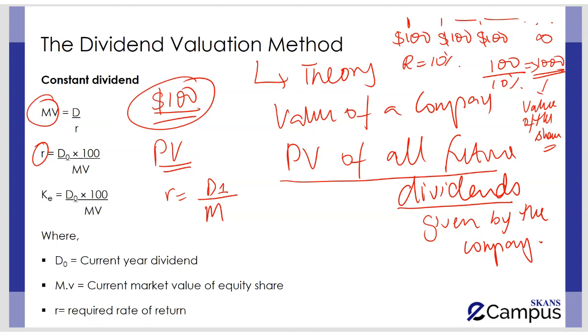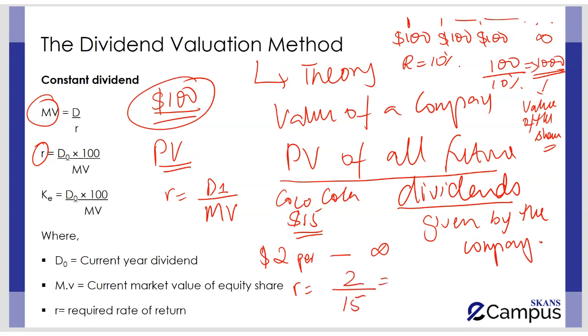So if I know the market value of any share, let's say the share of Coca-Cola is currently trading at $15, and I know that Coca-Cola is going to pay a dividend of $2 per share each period till infinity, then I can calculate the required rate of return by simply putting the dividend, which will be $2, over the market value, which will be 15, and I can find the value to be 0.133, and that means 13.3% will be the required rate of equity that we will use in our WACC.